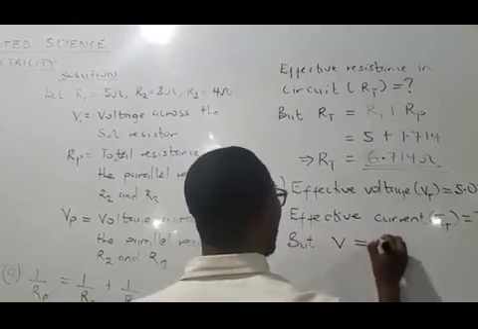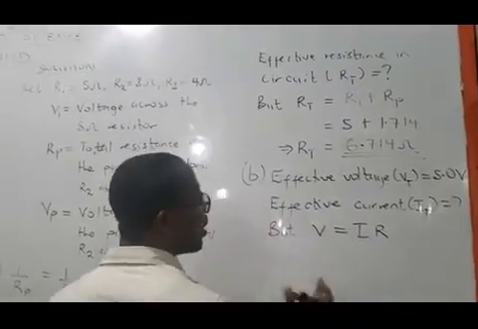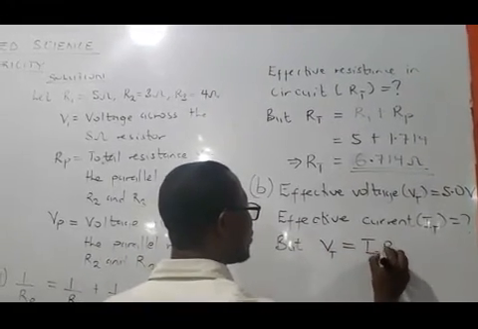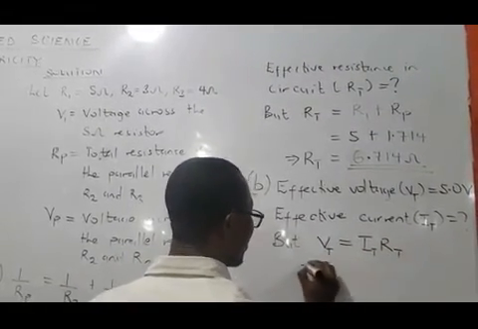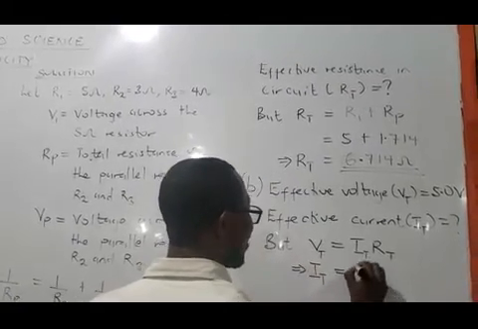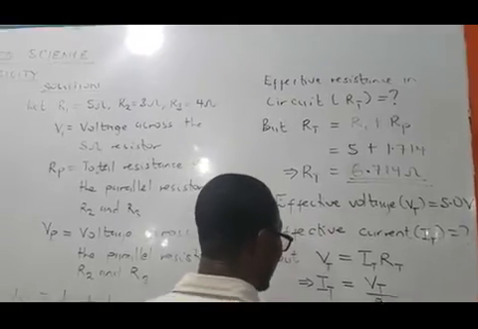Using Ohm's law, V is equal to IR. We are looking for the effective or the total, so we make use of the total voltage, total current, and then the total resistance. So total current, that's the effective current, is the effective voltage over the effective resistance.